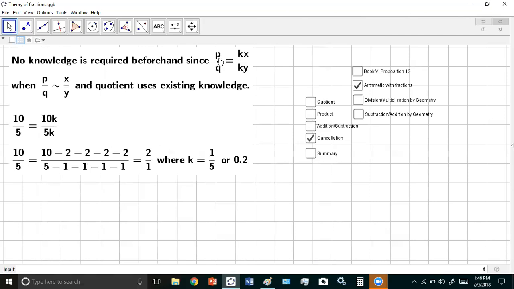We can also divide it, because multiplication is just a reciprocal of division. So as long as 2 over 1 is in proportion to 10 over 5, we can just keep on subtracting it until we get 2 over 1. And so that will be the final answer, or the irreducible form that we need.